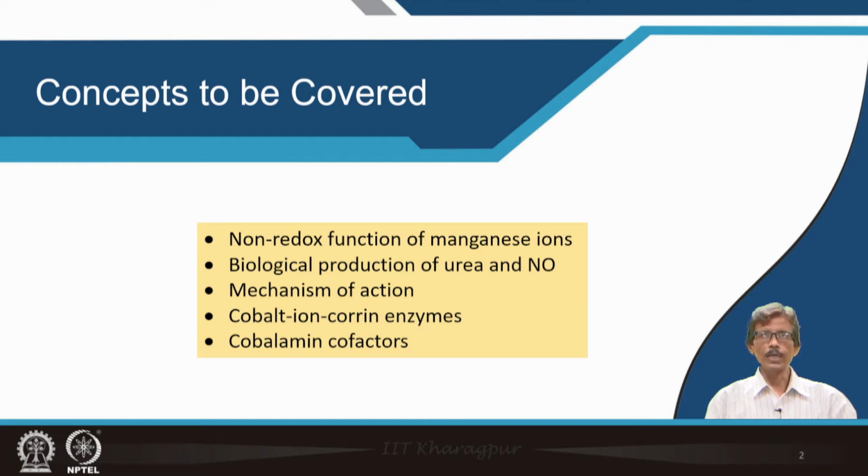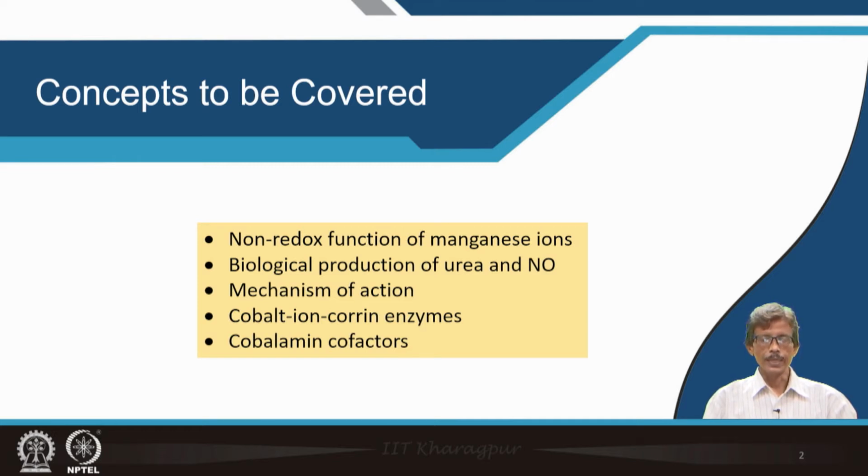Then we will look at how biologically we assimilate ammonia in our system. Ammonia is a product of the degradation of amino acids and proteins, as is NO, nitric oxide. These are the most fundamental catalytic actions we try to understand.